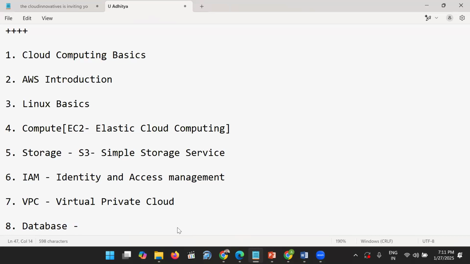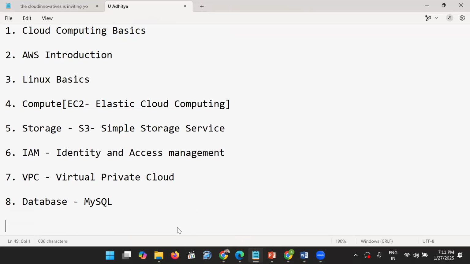What are the different types of databases supported in AWS? In this training program, I can cover how to connect MySQL using AWS, and also how we can launch and connect DynamoDB.